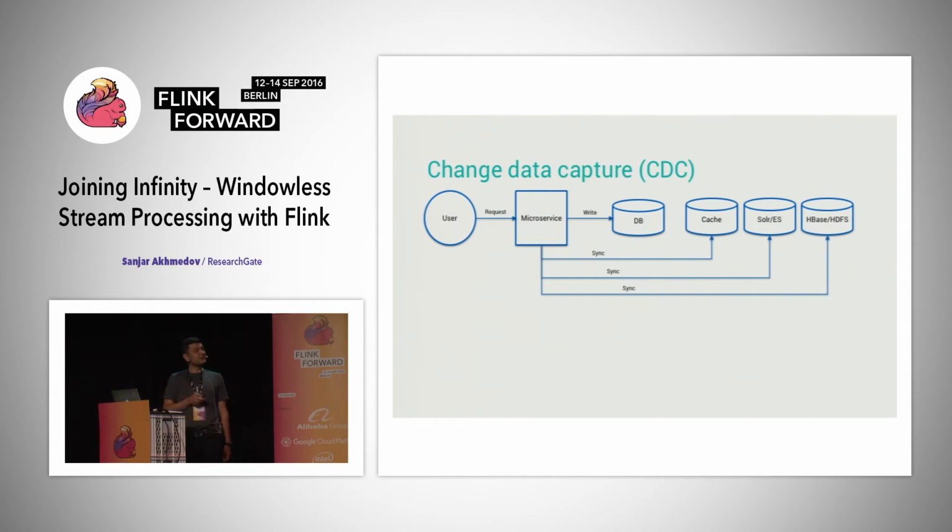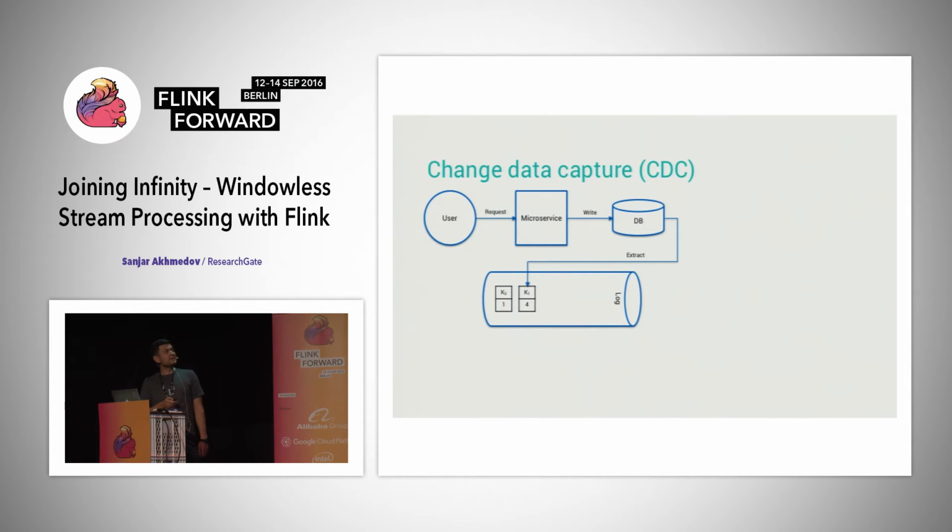There are too many things which can fail, and change data capture tries to solve this problem in a simple way. So instead of synchronizing everything in the application, whenever something happens in the database, through some hooks or logical replication, we just extract the change and write it to the log.